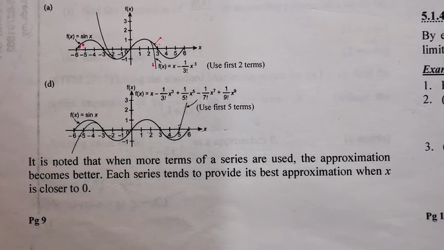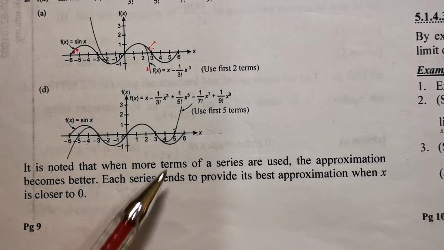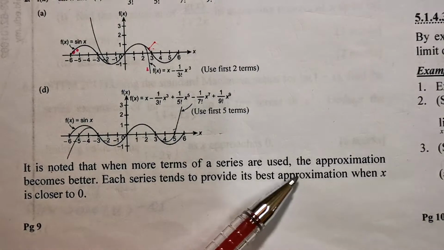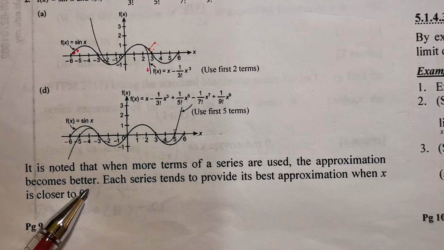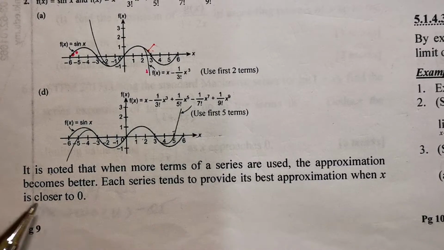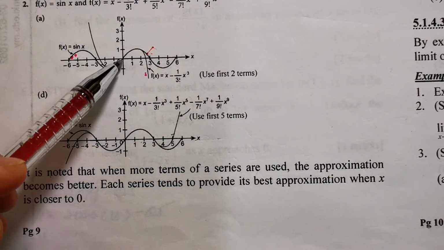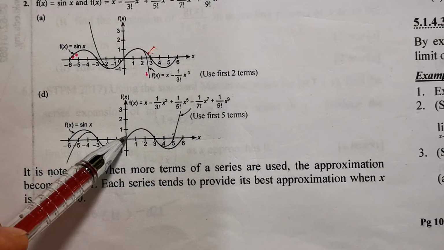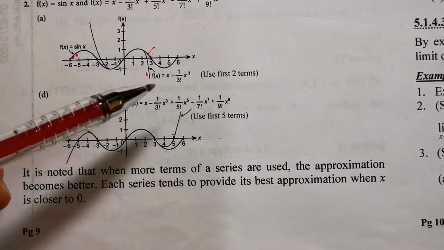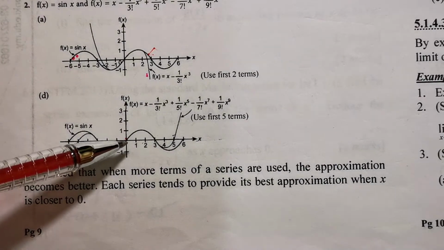So the conclusion is, it is noted that when more terms of a series are used, the approximation becomes better. Each series tends to provide its best approximation when x is closer to 0. Of course, you see in all the graphs, when closer and closer to 0, the expansion, the series, and the actual function almost overlap.